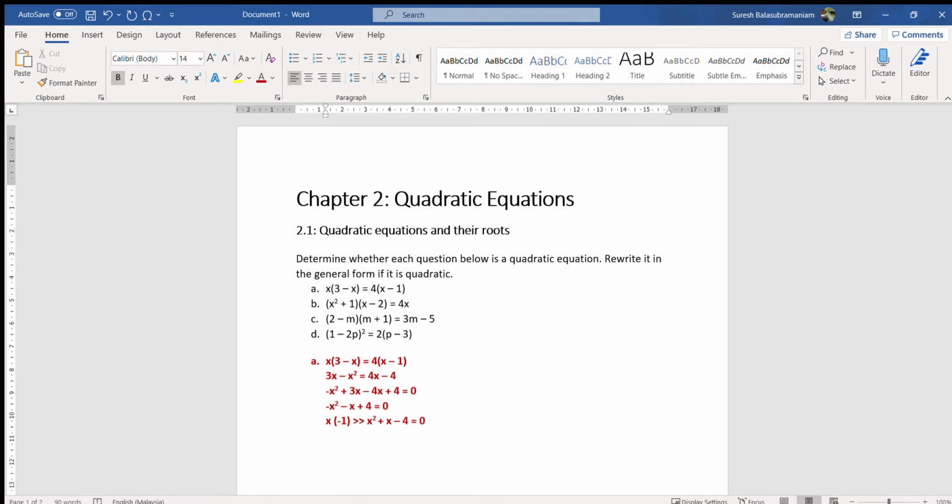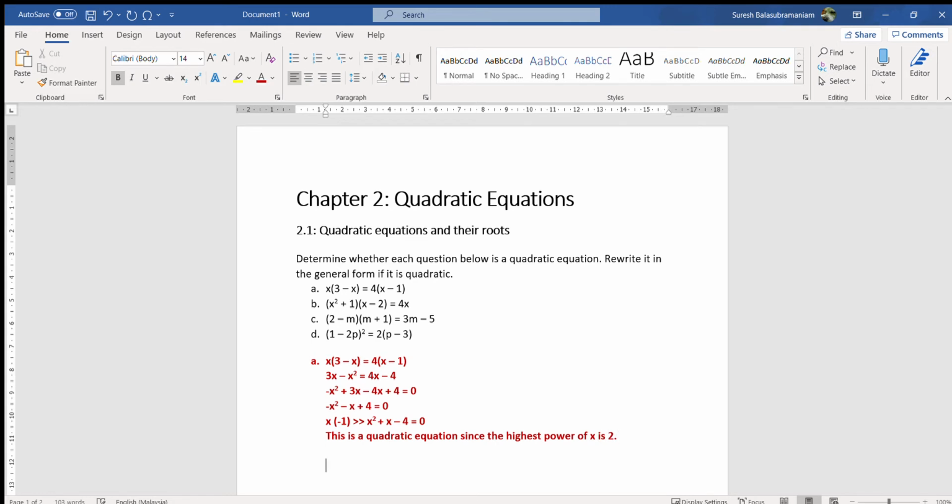So the highest power of x in this equation is 2. Therefore, this is a quadratic equation, since the highest power of x is 2.